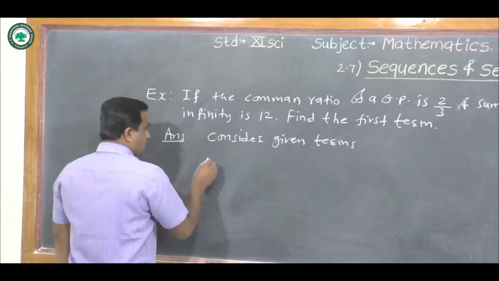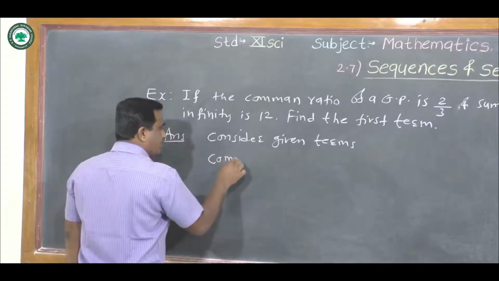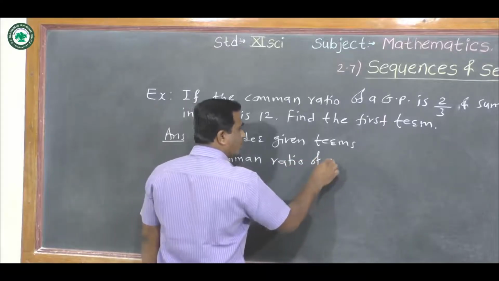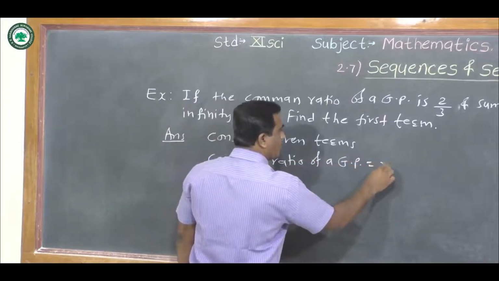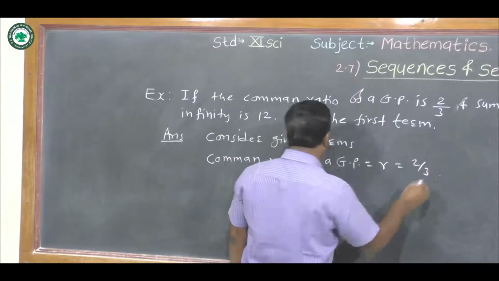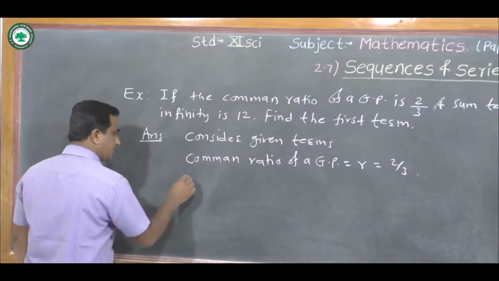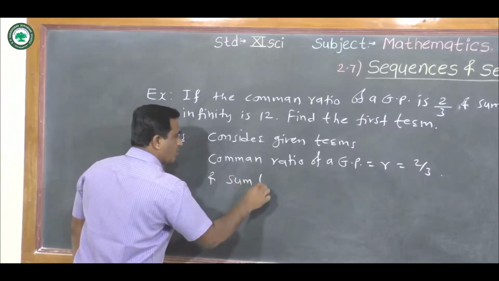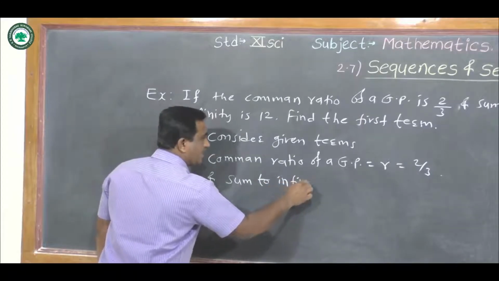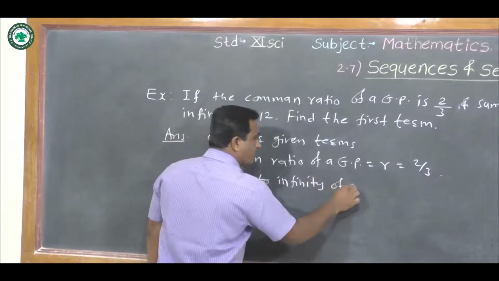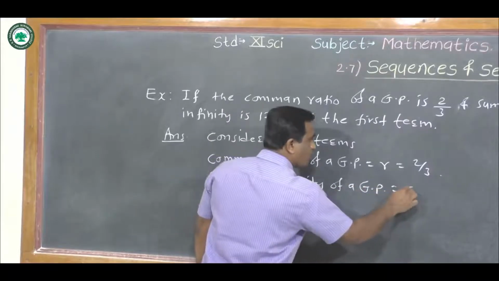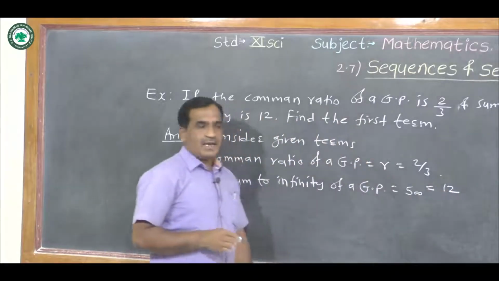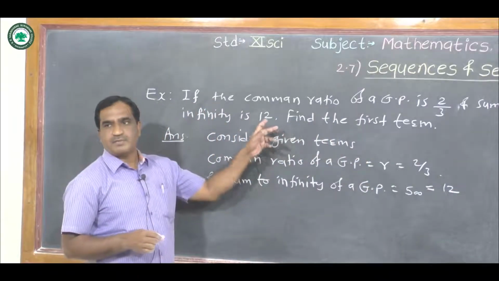Given that the common ratio of a GP is R equal to 2 by 3, and the sum to infinity of a GP is S infinity equal to 12. Okay, and we have to find the first term of the geometric progression, that is A.